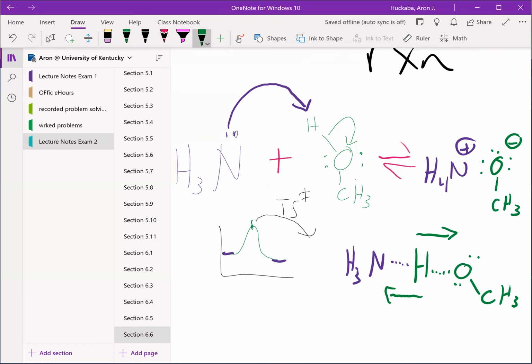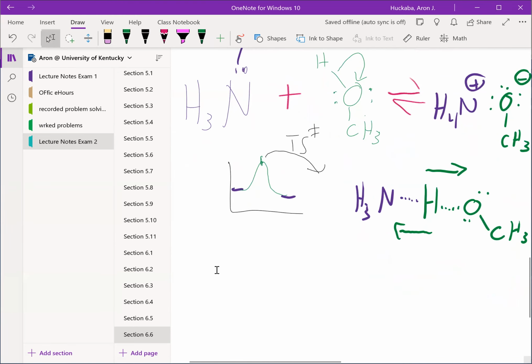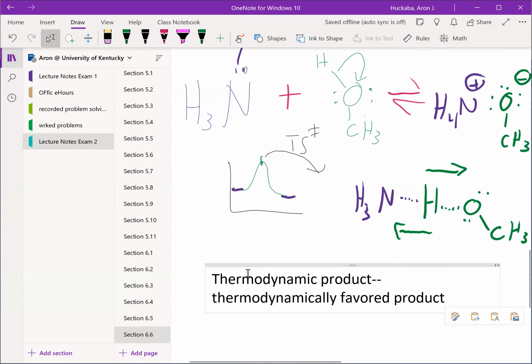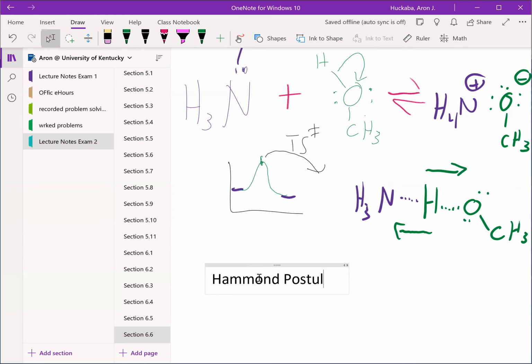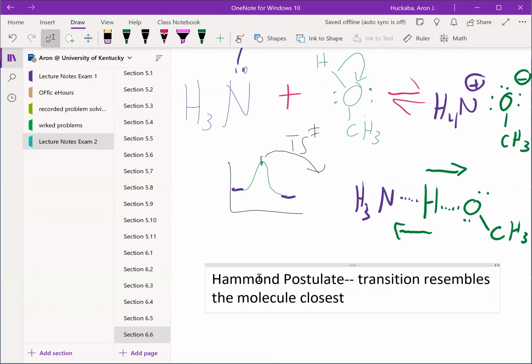And if you notice, these two molecules I'm showing have the H equally. However, something called the Hammond postulate, which is a key thing in reaction theory, says that the transition state resembles the molecule that is closest in energy to it.